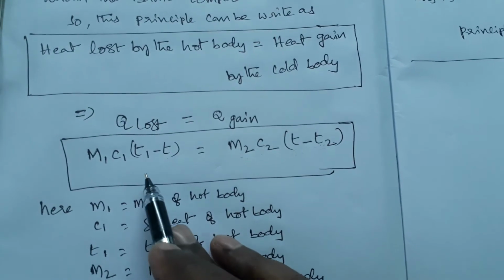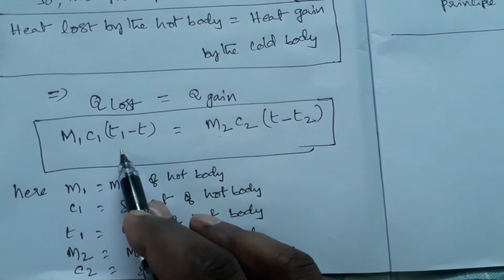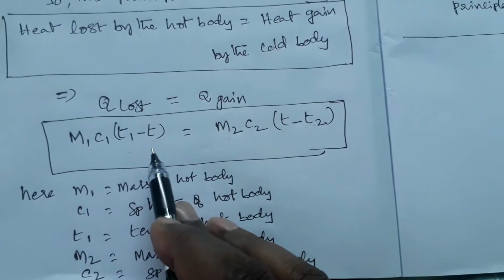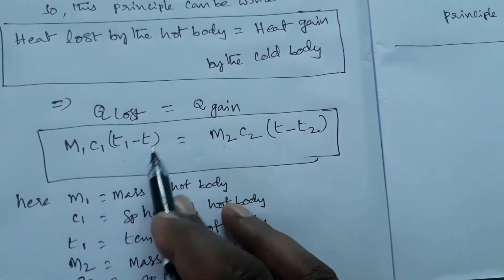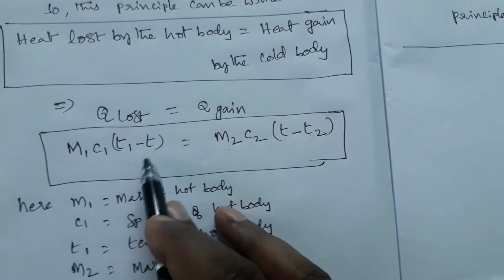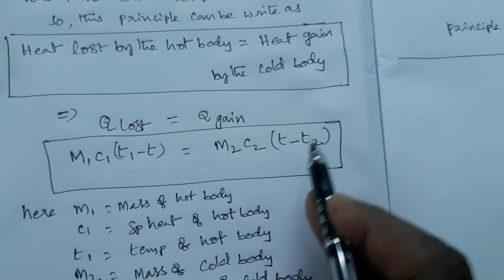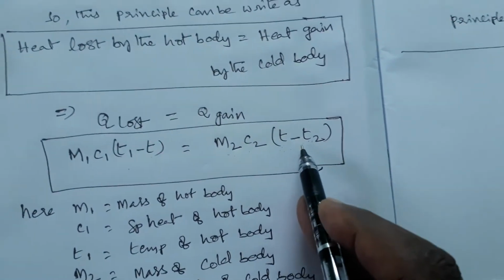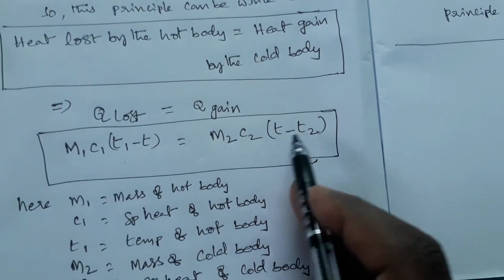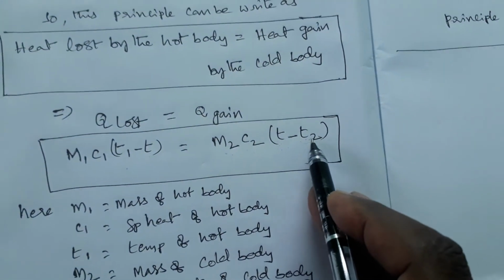Here T1 represents the hot body's beginning temperature. T means mixture temperature after mixing hot and cold, the middle temperature. T2 means beginning temperature of the cold body.